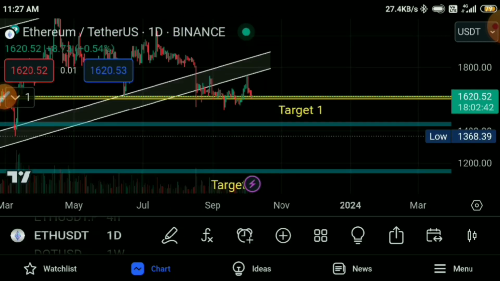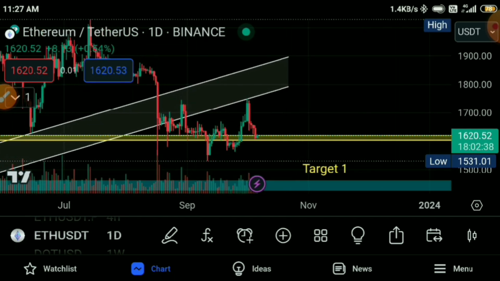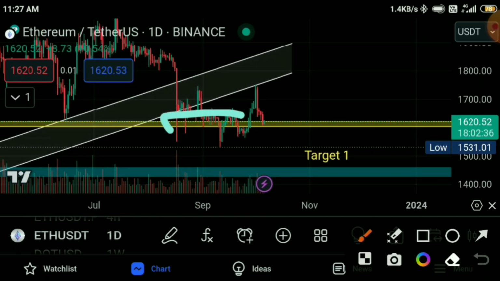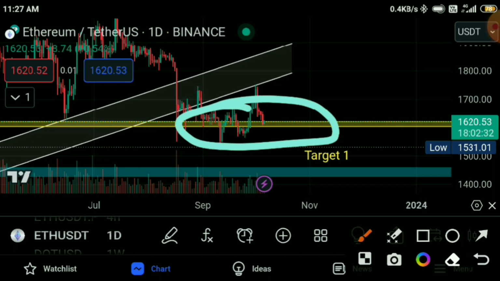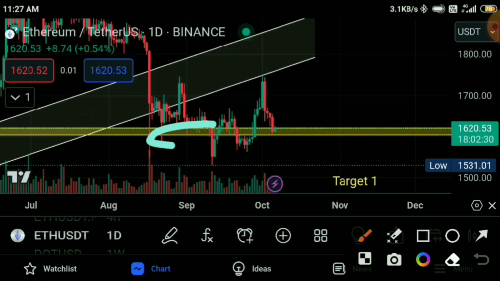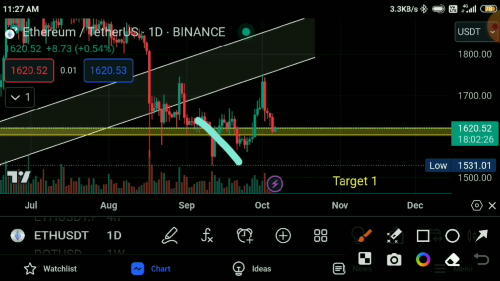Moving to Ethereum. So right now we are on the Ethereum chart, and we can clearly see this yellow zone right here, a very important zone, and how the price reacted multiple times. It did a breakdown, but as I told you, it has to do a retest.